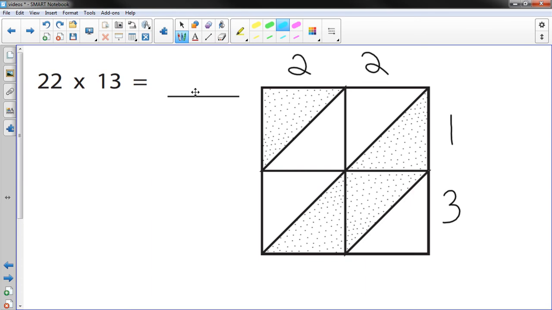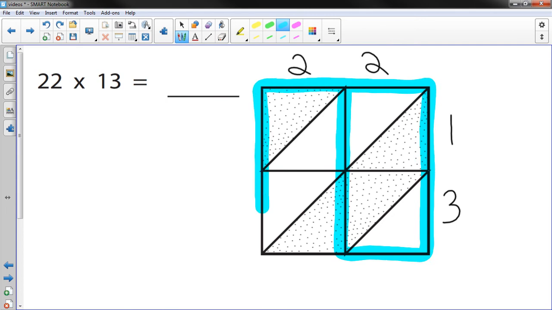And basically, there are two columns here, and each column is below one of the digits in the number 22. So this 2 has a column below it, and this 2 in the tens place has a column below it.